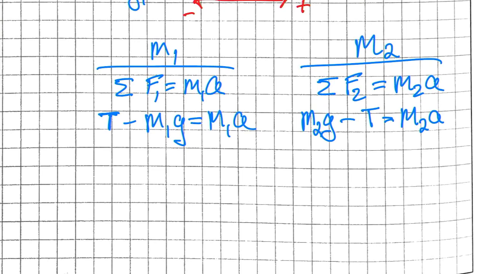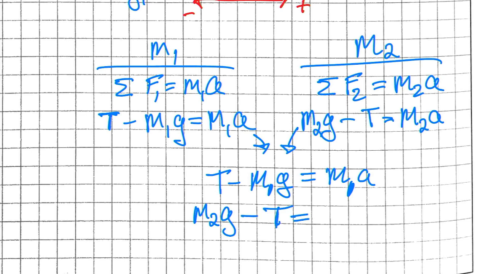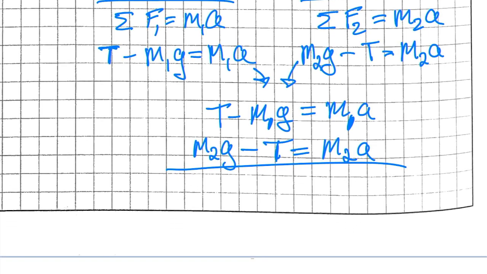Now, if I combine these equations, I just kind of write them. I'll take number 1 first. T minus m1g equals m1a. Then I have m2g minus tension equals m2a. And I add these together, and I'm using the addition method here. You'll notice that when I add these, the two tensions cancel each other out.